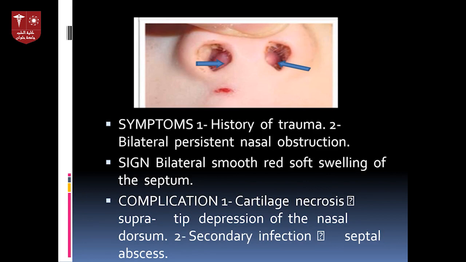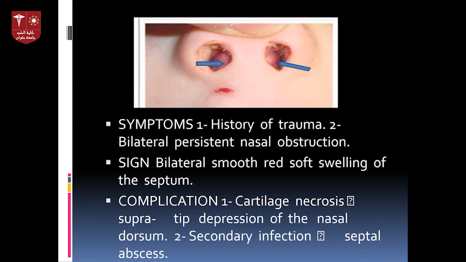Watch the photo. What's the complication of leaving a septal hematoma? Cartilage necrosis of the nasal septum will happen, with supratip depression.